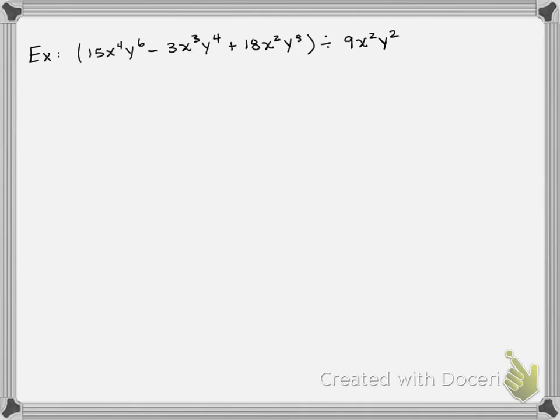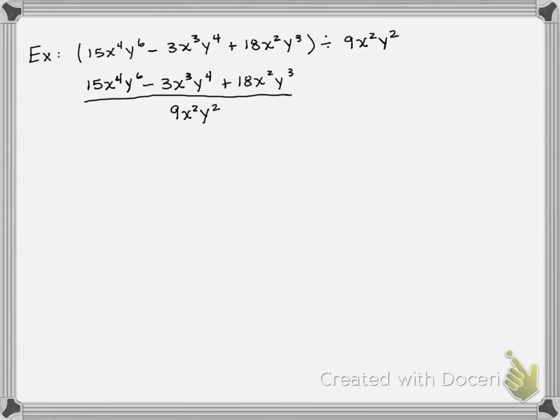So this is the same as the fraction with the entire trinomial over the monomial. So 15x to the 4th y to the 6th minus 3x to the 3rd y to the 4th plus 18x squared y to the 3rd all over 9x squared y squared.